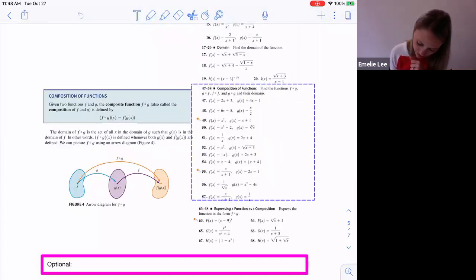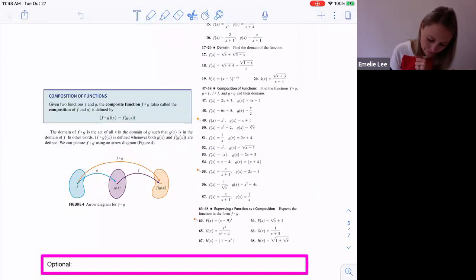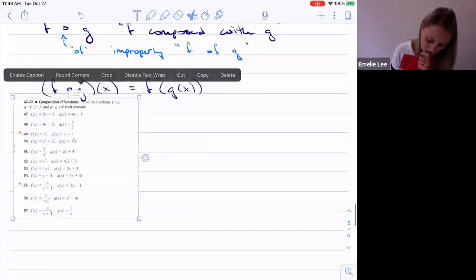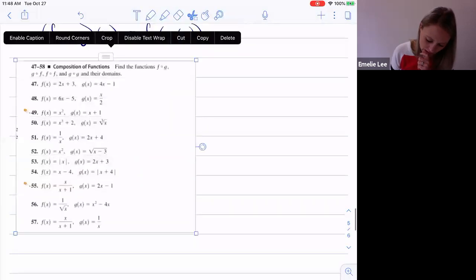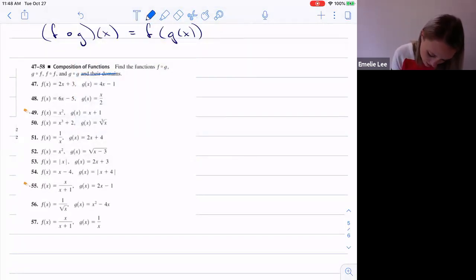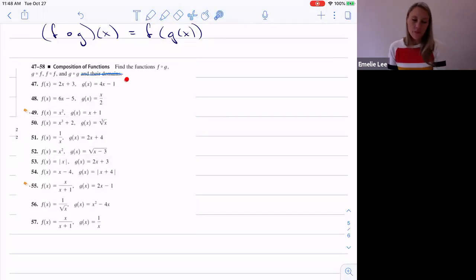Let's do some of these compositions. Okay, so what we're asked to find, and I'm just gonna lightly cross this out for now. If you're working on these problems on your own, then definitely try to find the domains and check against the solutions that I've posted, right?